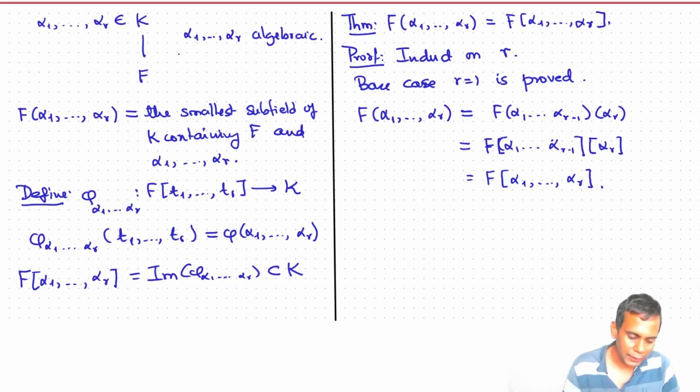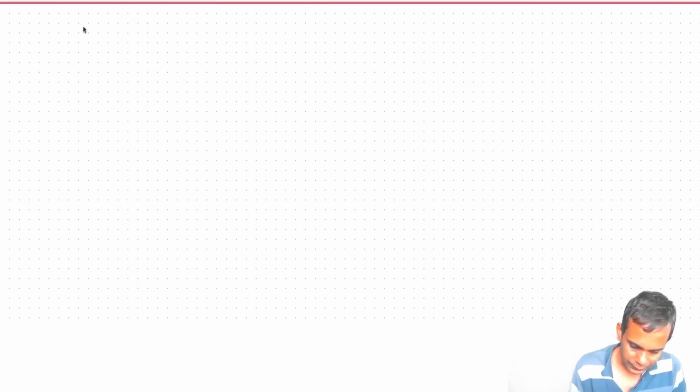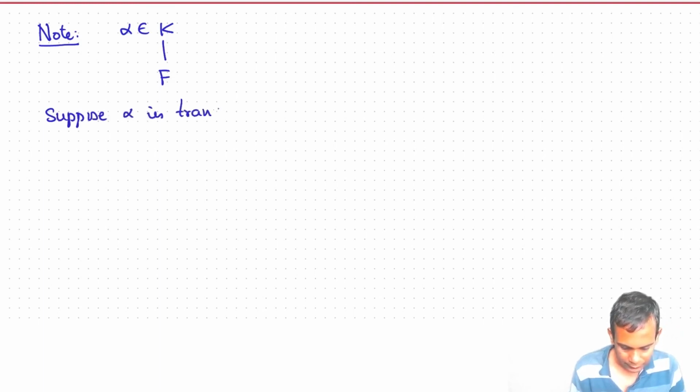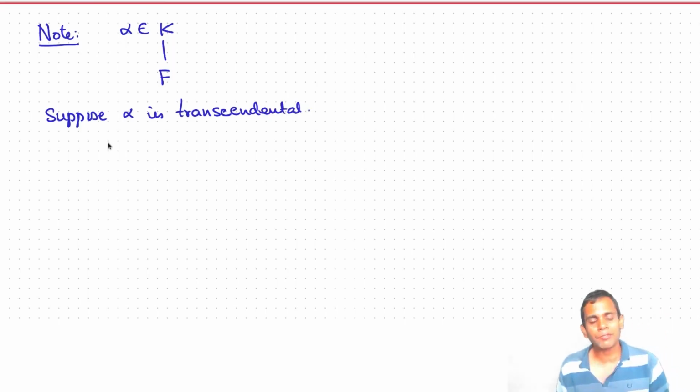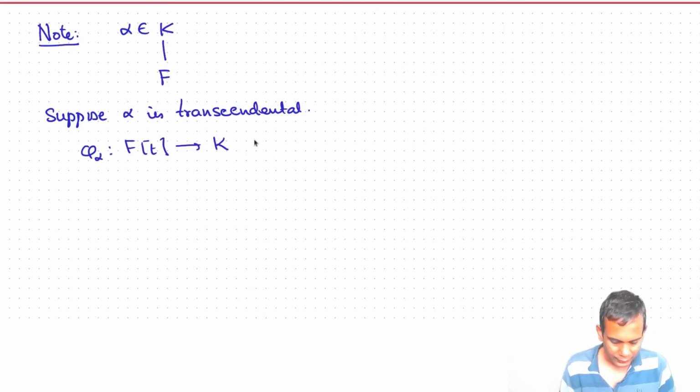What happens when alpha is not algebraic? Let's look at that case. Suppose we have alpha in K over F, and suppose alpha is transcendental. Then we know by definition of transcendence that phi alpha from F[t] to K is injective.